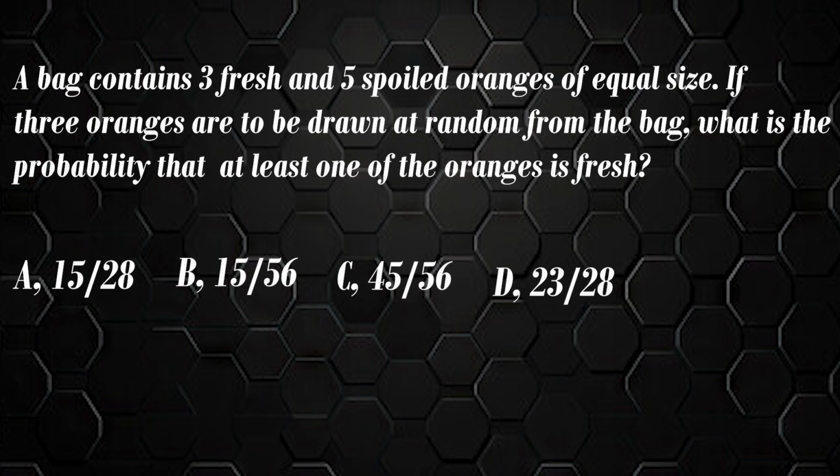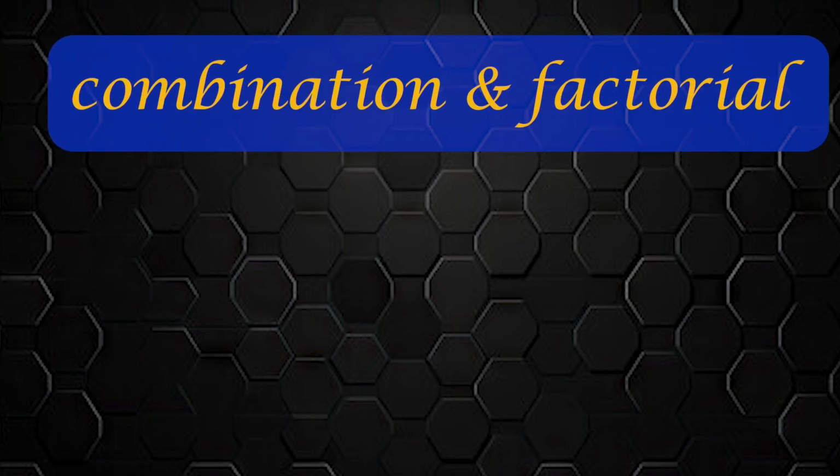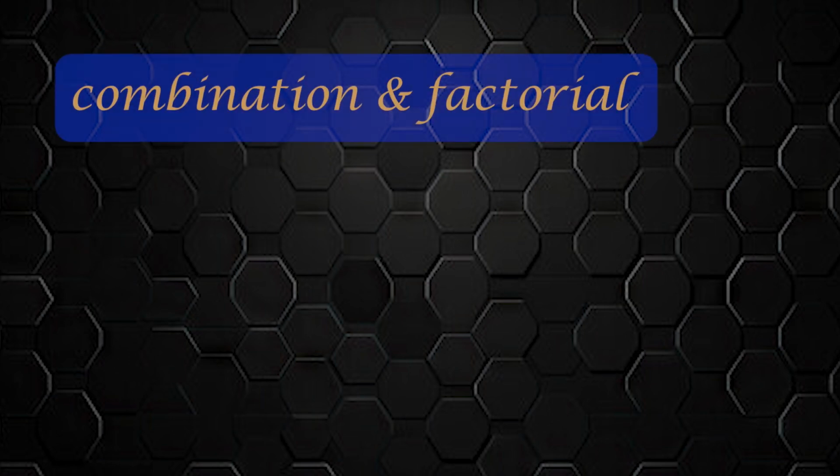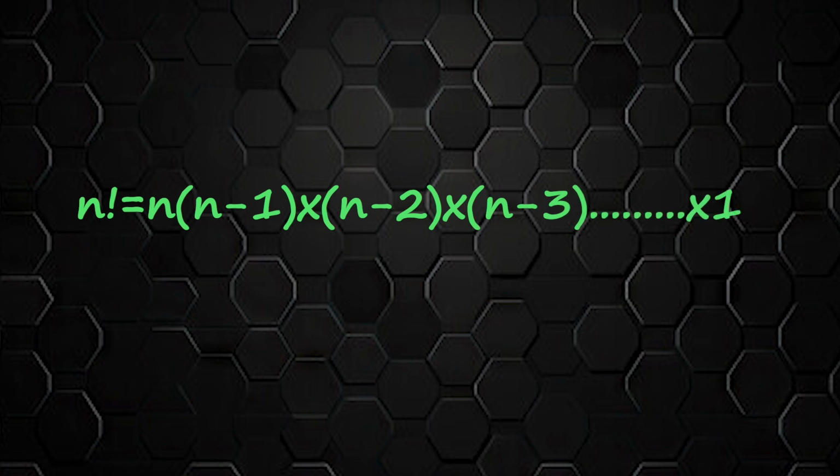Solution. Here, let's talk about combination and factorial first, because the solution is worked under the concept of combination and factorials. What is factorial? n factorial is n multiplied with n minus 1, multiplied with n minus 2, multiplied with n minus 3 until 1.